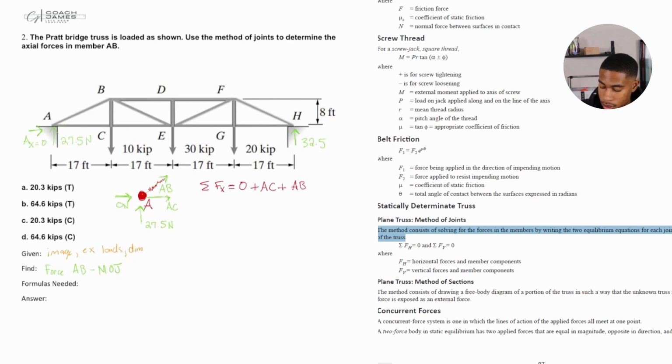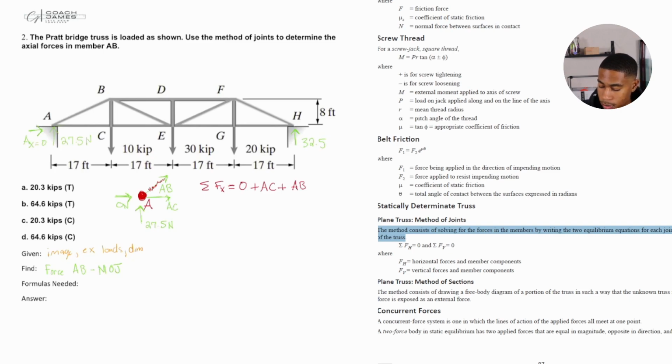Because you're basically given AB, but then you need to solve for the x component for that. So it would be like 17 would be the top. Oh my goodness.